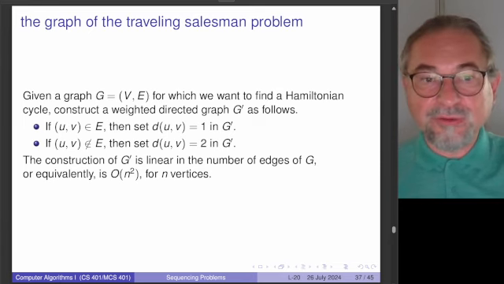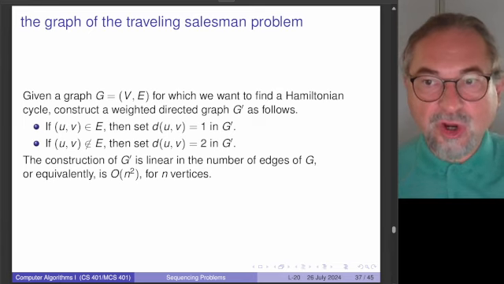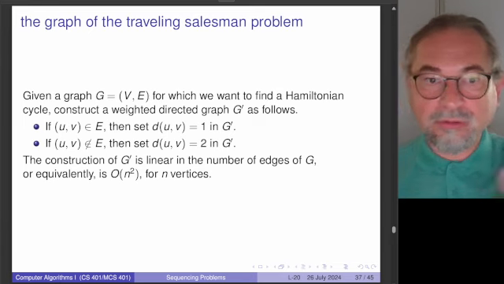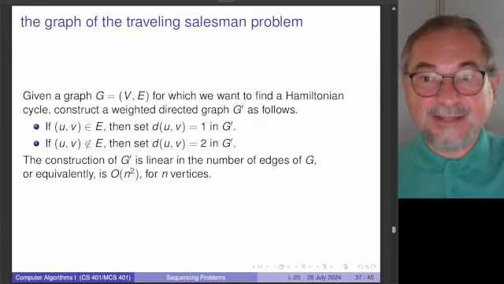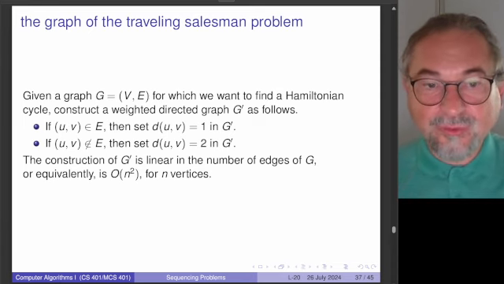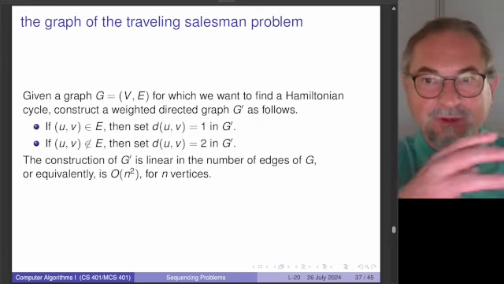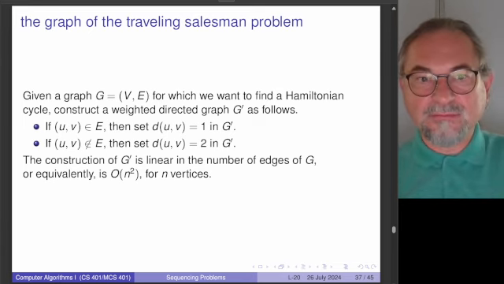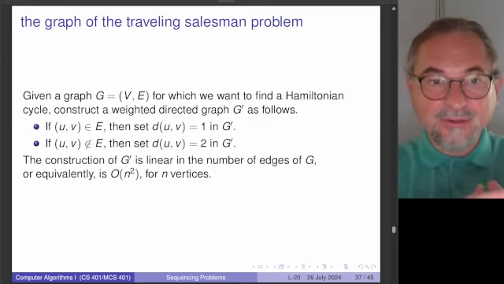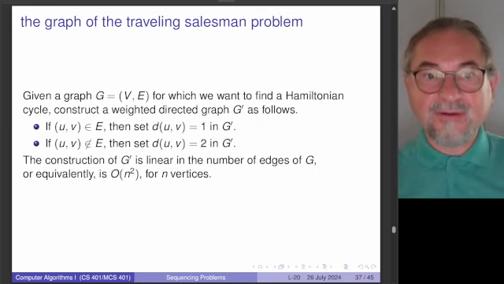We also need to pick a bound on the total length of the tour. That length of the tour will be the number of edges, because all the edges that were in the Hamiltonian cycle graph are 1. So the length of a Hamiltonian cycle will therefore be n if we visit all the n vertices.